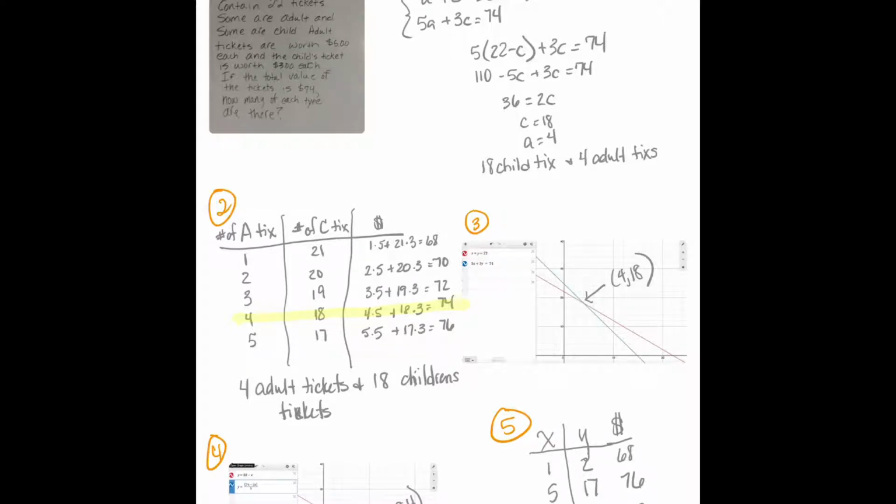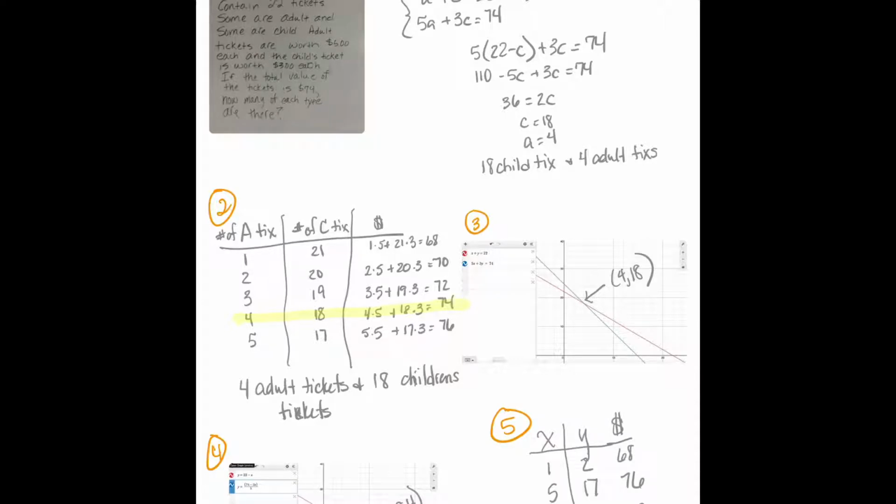So for the first row, one adult ticket times $5 plus 21 children's tickets times $3, because it's $3 each, would be $68. And this student maybe didn't recognize it right away and went, oh wait, 74 is what I was looking for, there's my answer.